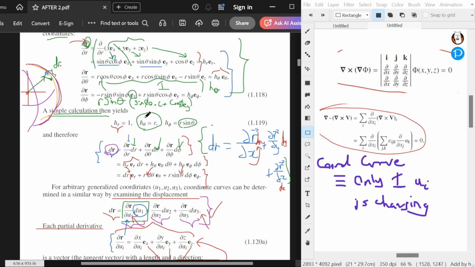You combine them after you split them up, and you get dr.